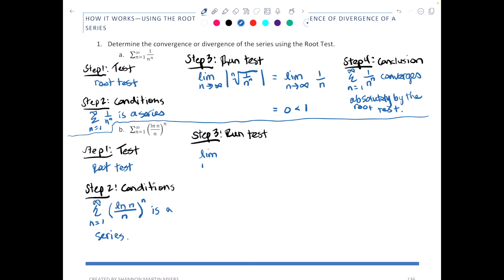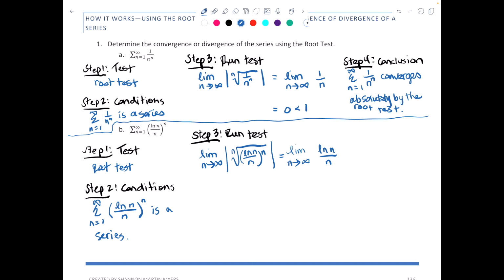So we'll have the limit as n approaches infinity of the absolute value of the nth root of (natural log of n over n) raised to the n, which will be the limit as n approaches infinity of natural log of n over n.